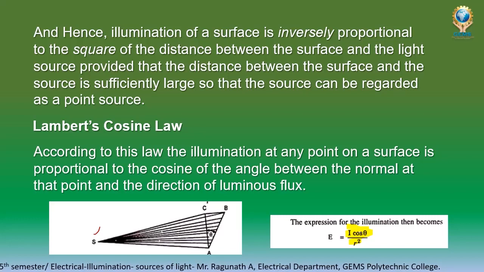According to this law, the illumination at any point on a surface is proportional to the cosine of the angle between the normal at that point and the direction of the luminous flux. Here this is the normal, and this is the theta. For this cos theta, if it is increased, the illumination on the surface will also increase.